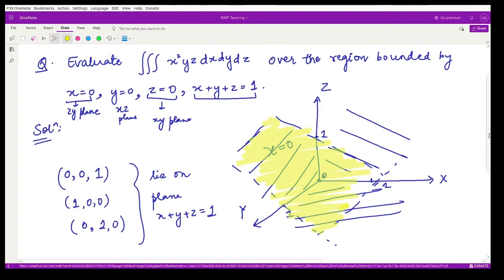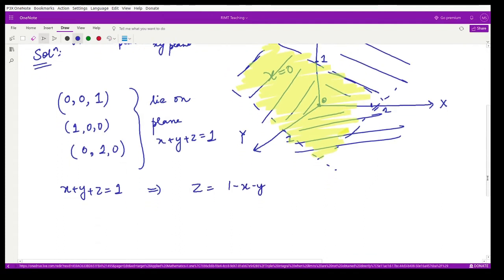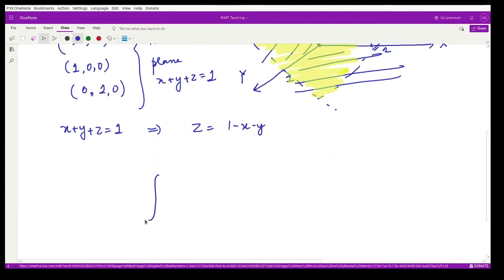From x plus y plus z is equal to 1, you can calculate the value of z. Its value is 1 minus x minus y. So you can write the variable limits of z containing both x and y first.